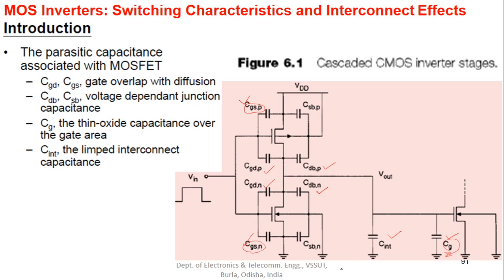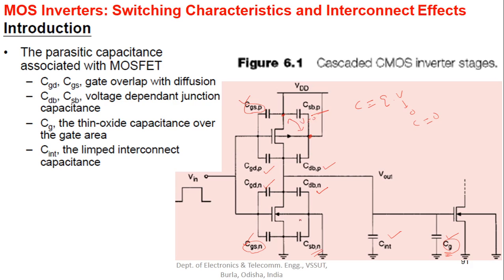Now look at CSBP and CSBN here. We know that C is equal to Q into V, so if the voltage is 0, this C becomes 0. For the PMOS, the source and body are connected to the same terminal, hence the voltage difference between them is 0.